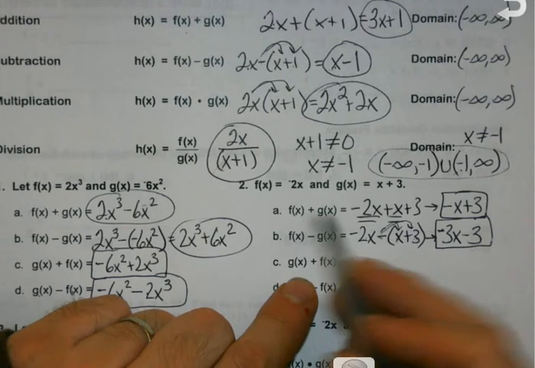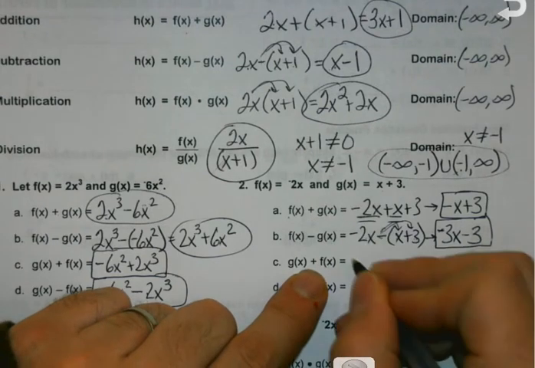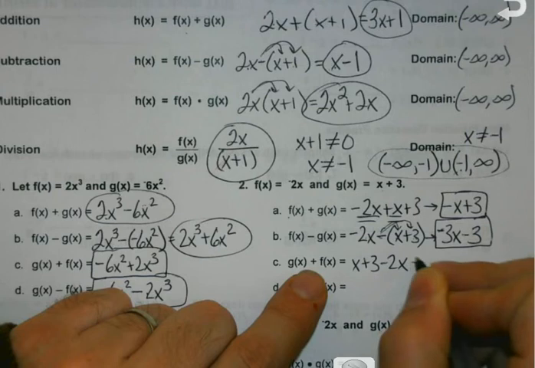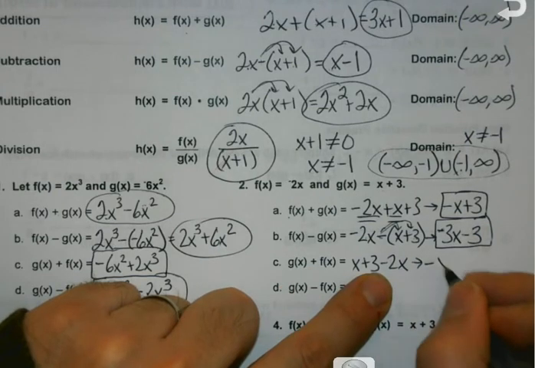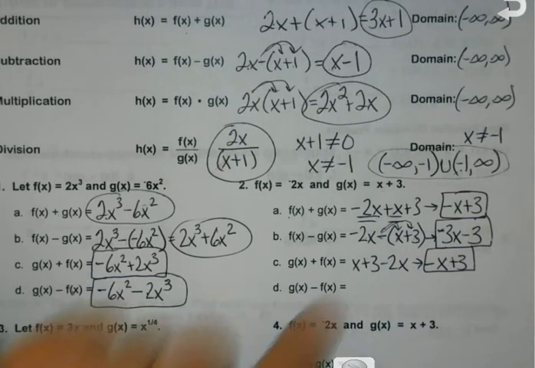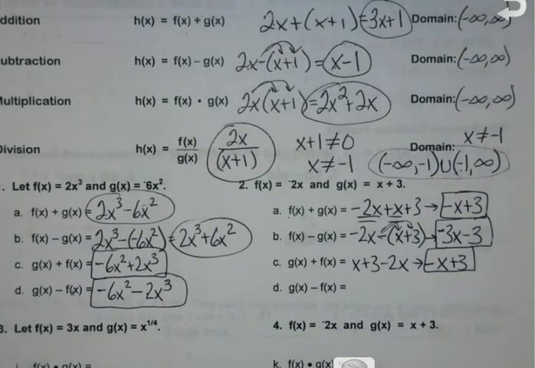Okay. G of x plus f of x, again, we're changing the order around. Notice, though, my answer itself isn't changing. Again, it's just getting us into the commutative property, which basically says if I take two numbers, I can add them, 2 plus 4 or 4 plus 2, I get the same thing.